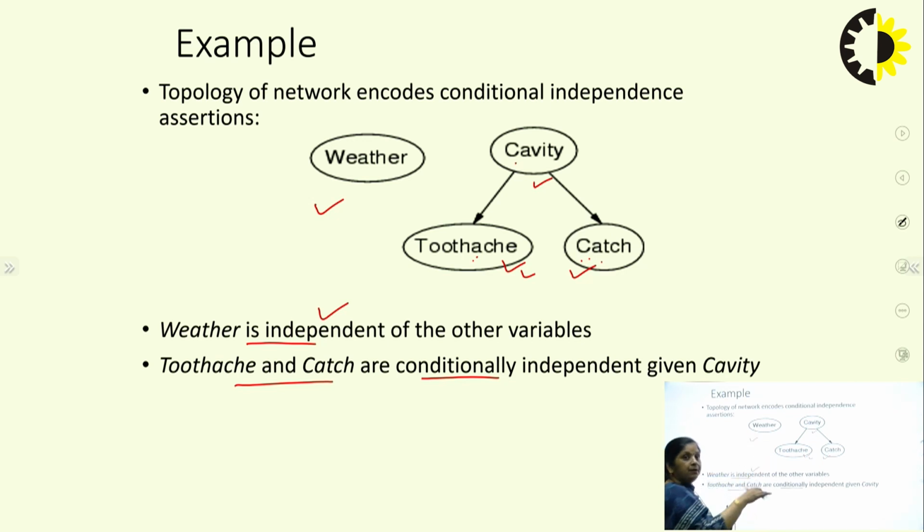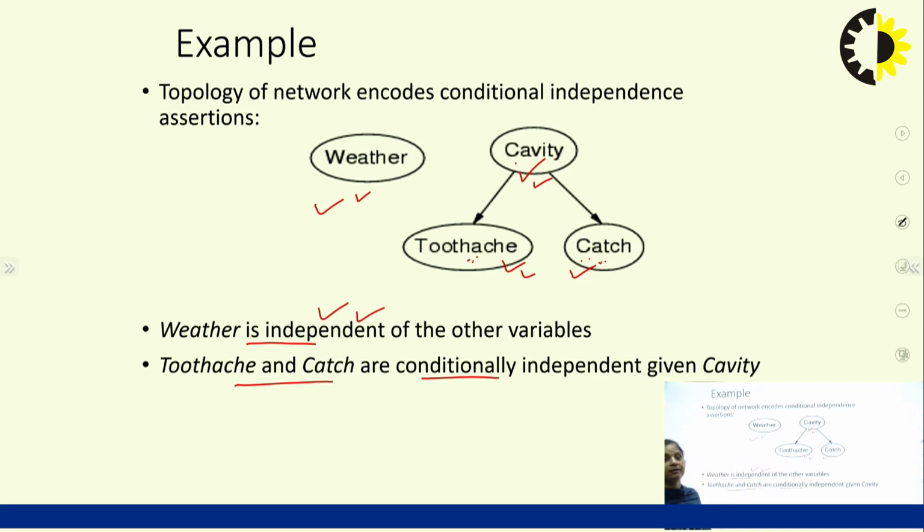Weather is independent of all other variables, but toothache is conditionally independent of catch. It doesn't matter what is happening here, given cavity. The toothache is because of cavity. It is conditionally independent of catch. And weather is independent of all other variables.